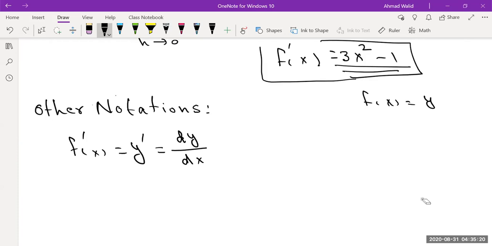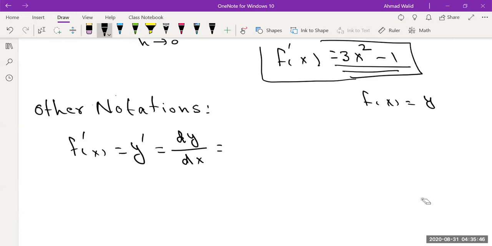You see, it's based on x. If it was a, you can write dy over da. If your variable here is, for example, n, you can write dy over dn. Remember, dy over dx is not a ratio, it's a symbol.